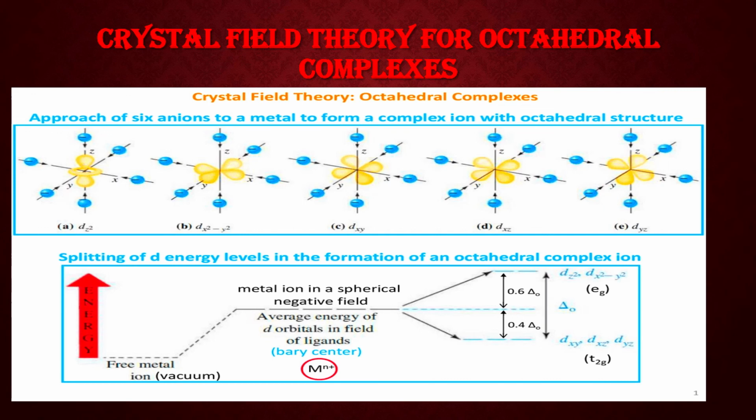Now when these ligands approach the metal atom, the first two orbitals, dz square and dx square minus y square, come directly in their direction because they are present on the axes. Hence they feel greater repulsion, their energy increases and they go to the higher energy level and are called Eg orbitals.